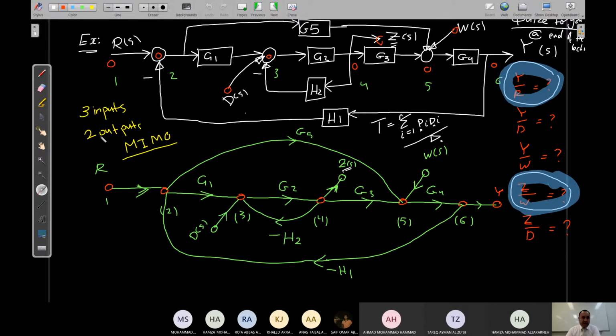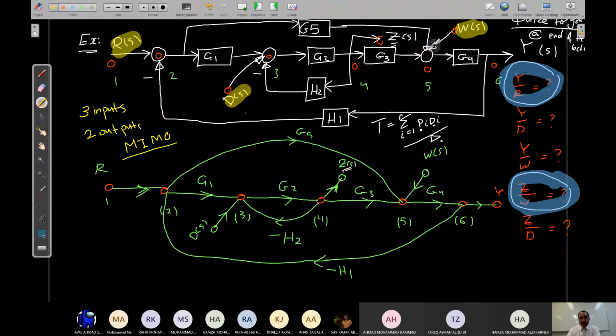And this is an example for multi-inputs, multi-outputs, in which we have three inputs. The first one is the R, the second input is the D, and the third input is the W. And we stated that any signal injected into the block diagram is actually an input, correct?